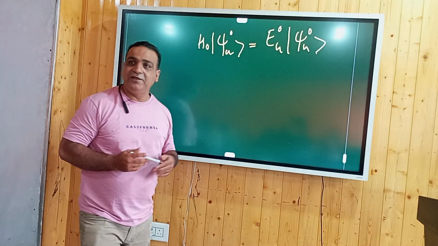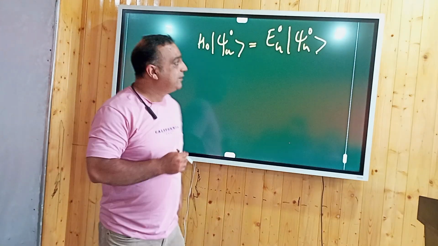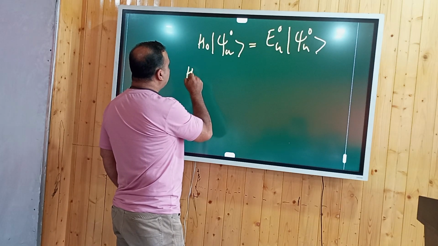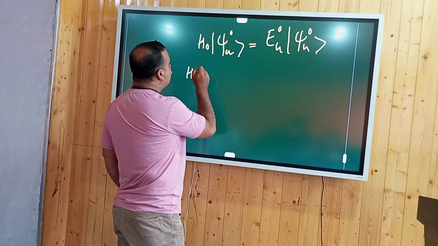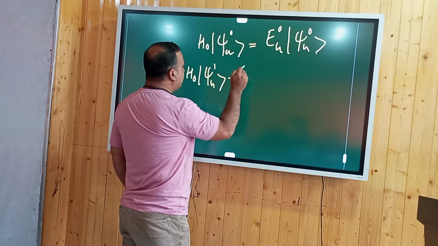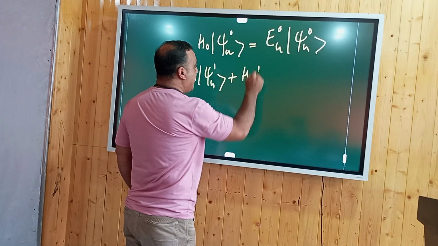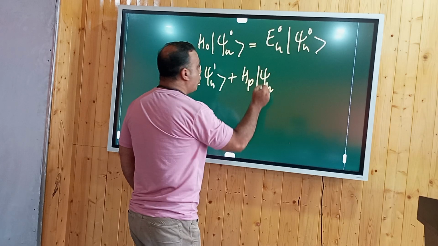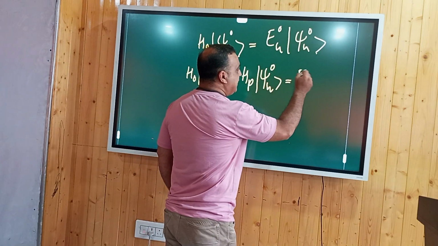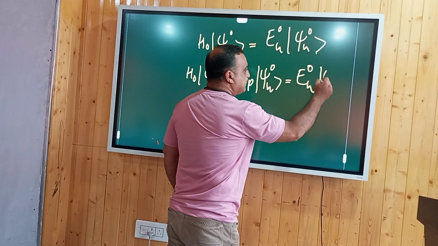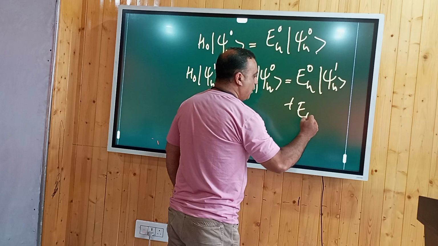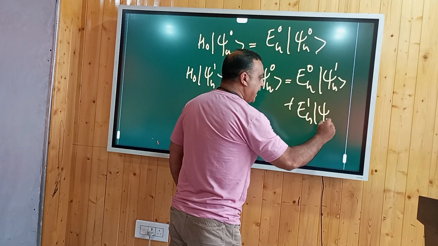So the second equation that we obtained, what was that? The second equation was H naught psi n 1 plus H P psi n naught, which is equal to E n naught psi n 1 plus E n 1 psi n naught.